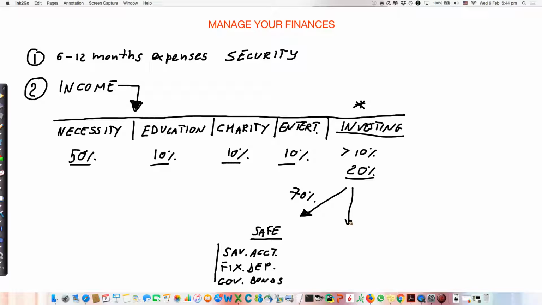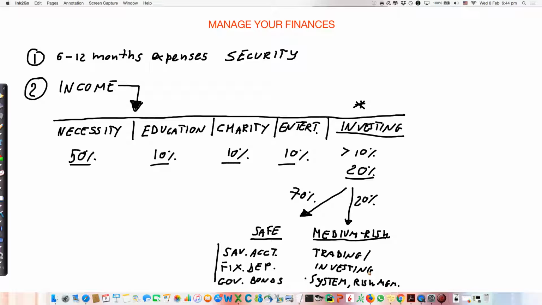Another 20% can be put in medium risk. Okay, what is medium risk? For example, medium risk could be, I don't know, trading or investing, if you know what you are doing. So meaning you need to have a system, you need to have risk management.